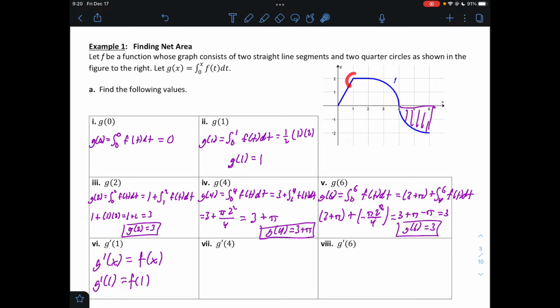And what is f of 1? It's just 2. So g prime of 1 is 2. Then g prime of 4 would be f of 4. F of 4 is 0. And g prime of 6 would be f of 6, or negative 2.